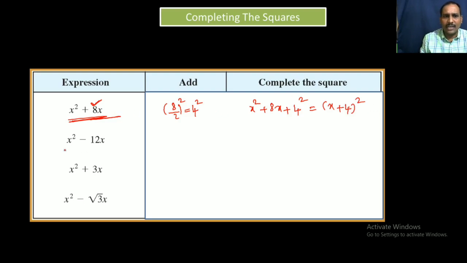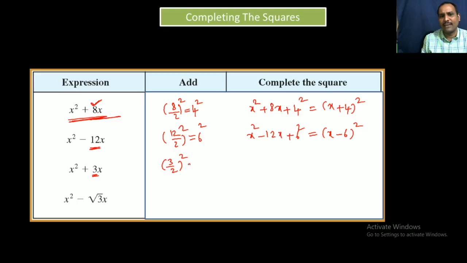Okay. So x square minus 12x. What is half of 12? It is 12 by 2 whole square, that is 6 square. So add: x square minus 12x plus 6 square. So you can write it as x minus 6 whole square. And here, what is half of 3? That is 3 by 2 whole square we have to add. So that is x square plus 3x plus 3 by 2 whole square.